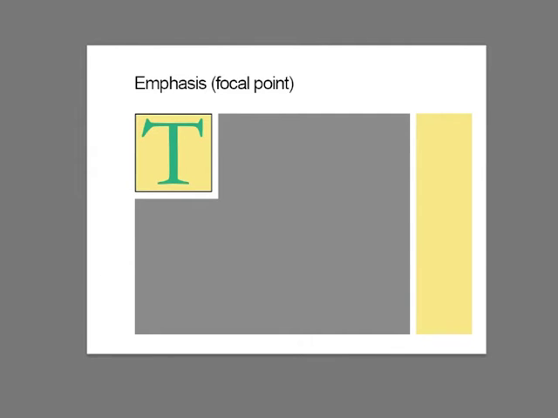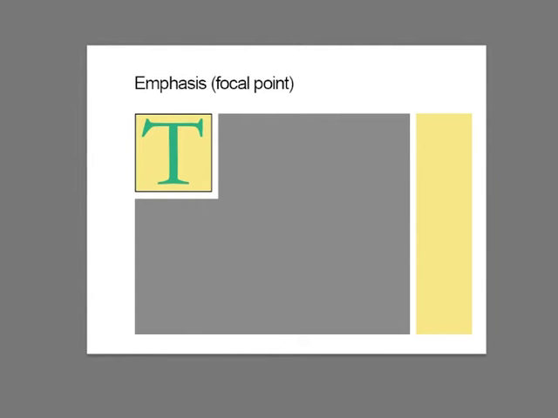And also our eye tends to go to the upper left of a layout generally first, so we're going to look there first. We tend to read from left to right and from top to bottom, and we look at things that way too, most generally. So if you want to emphasize something, one way to do it will be to place it in that position.